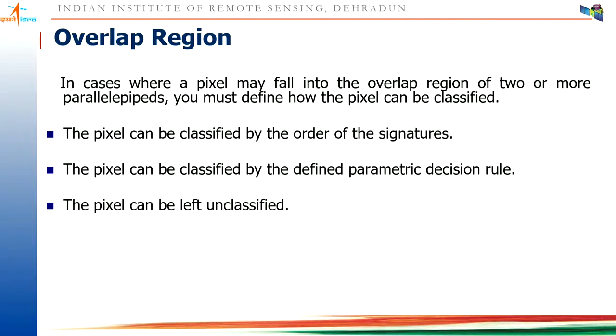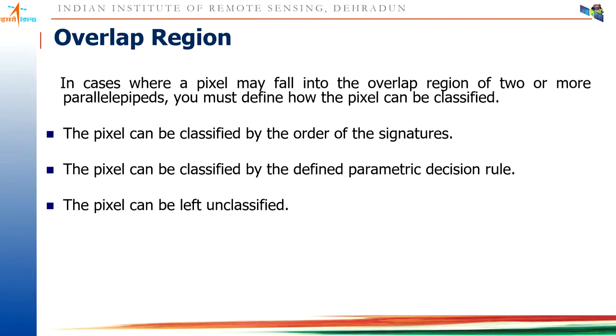If there is an overlap between the boxes, you can use any rule, you can create your own rule. The pixel can be classified by the order in which you have created your signatures. Suppose I am a forester, so first of all I will take the signature of forest.